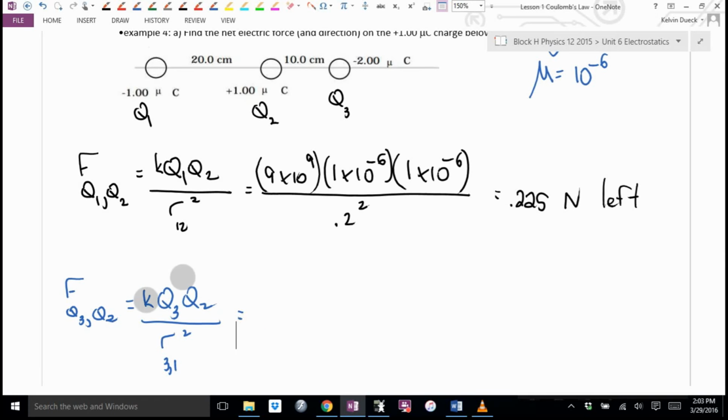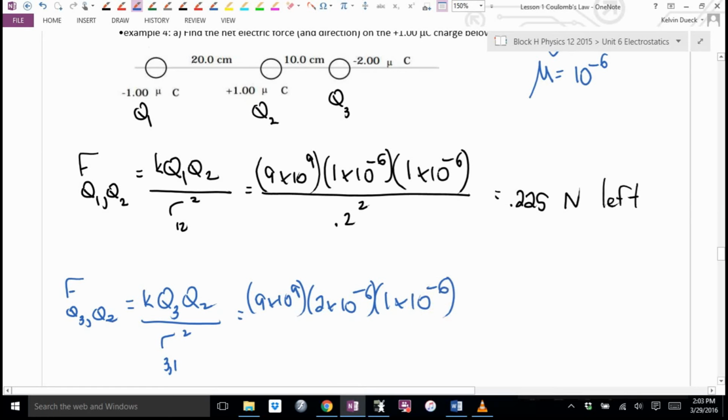It's going to be 9 times 10 to the 9th. Charge 3 is 2 microcoulombs. Isn't it negative? I don't care about the sign. I'll decide the direction. Charge 2 is 1 microcoulomb. And I think the radius between charge 3 and charge 1 is 0.1 all squared.